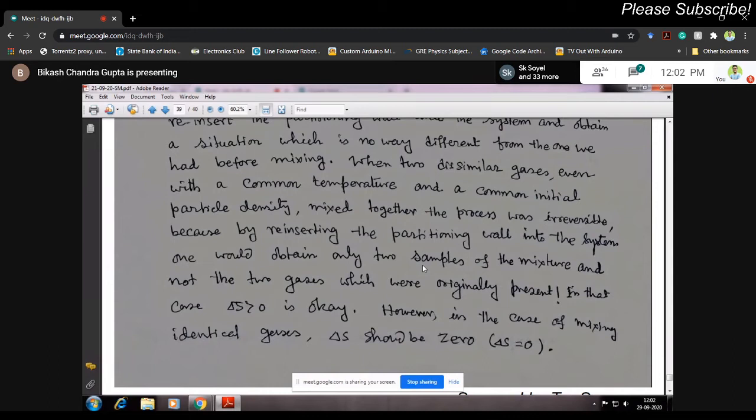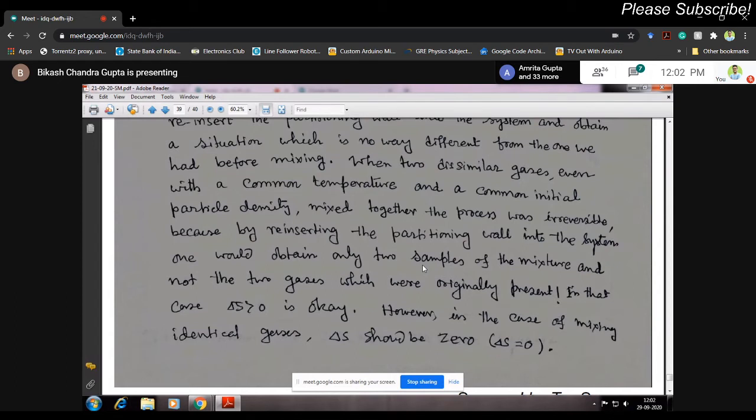If they had initially volume V1 on the left side and V2 on the right side, then they will adjust themselves to distribute homogeneously within the whole container, volume V1 plus V2, now that the wall is removed. Then you will see that everywhere you have both neon and helium gases. So this is the final state of your system.